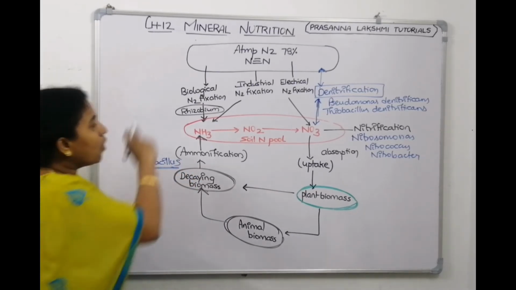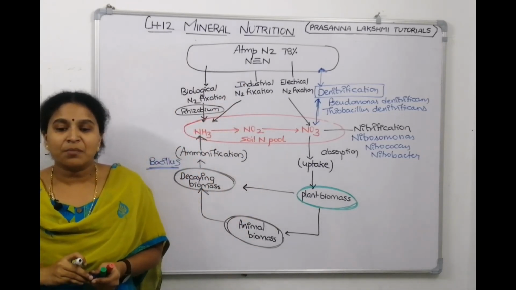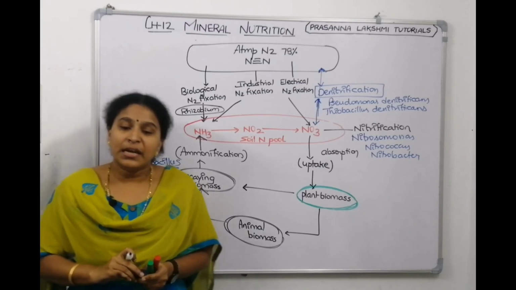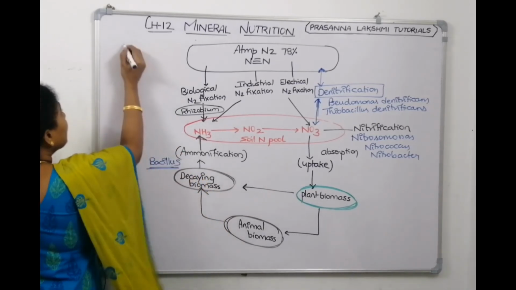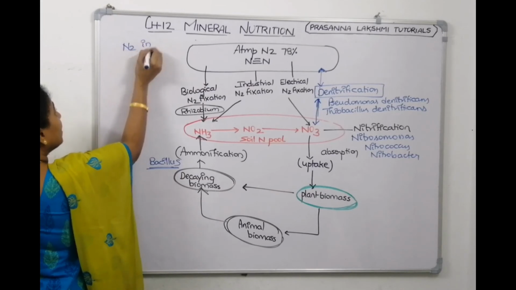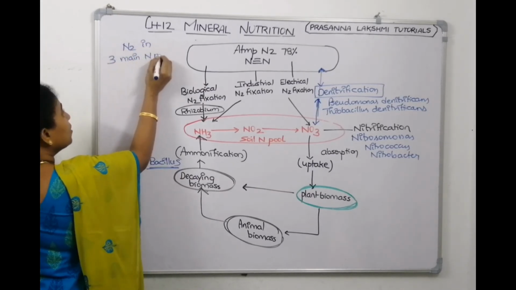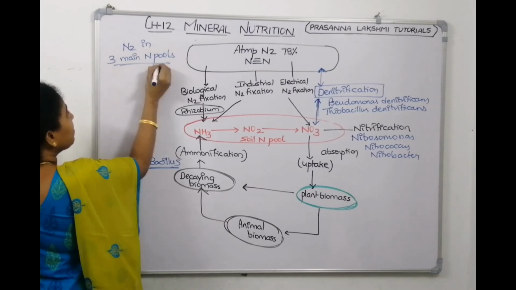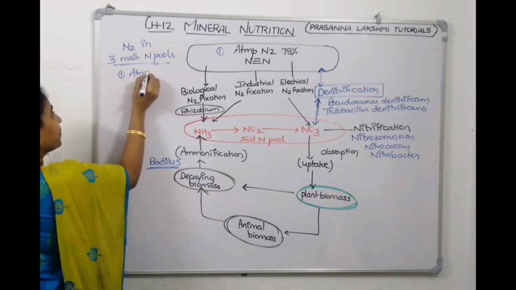So children, all this comes under the nitrogen cycle, where we are representing the nitrogen in the three main nitrogen pools. What are the three main pools? The first pool is the atmosphere.